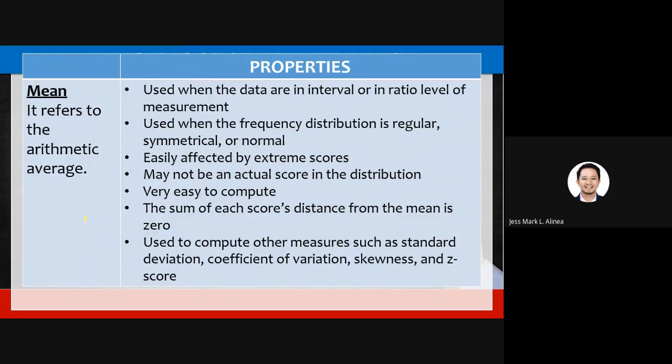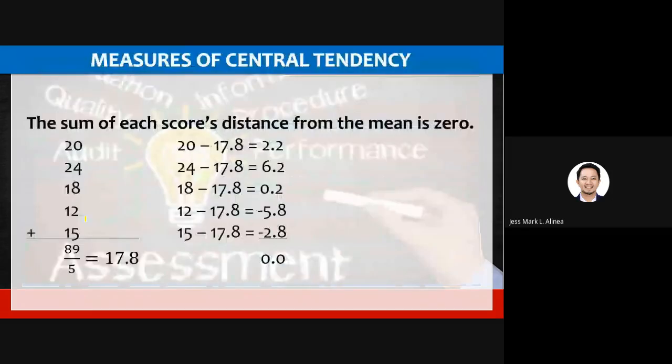Paano yung the sum of each score's distance from the mean is 0? Let's say, for example, you have the following scores on your quizzes: 20, 24, 18, 12, 15. Pag kukuha tayo ng mean, di ba, simple naman lang, pina-plus, that's 89, divided by kung ilang scores meron ka, 5, which is 17.8. So, non-existent ang 17.8 dun sa set of data na meron tayo, but it is considered as your arithmetic mean or your average.